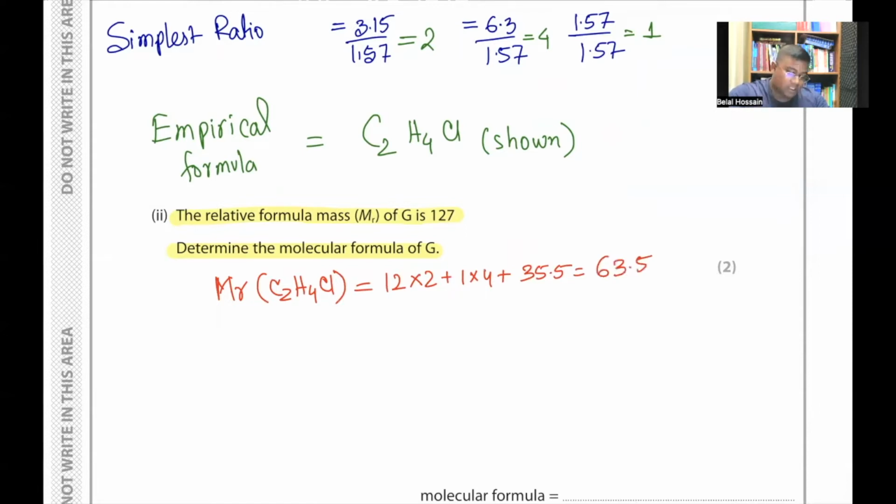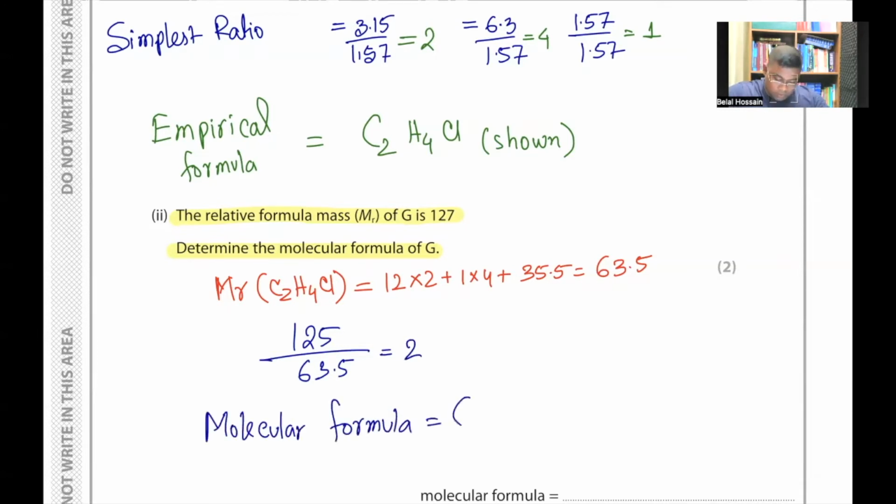Then we just do a simple straightforward division, 127 divided by 63.5. That gives us a value of 2. So for the molecular formula, we just multiply C2H4Cl by 2, and we get C4H8Cl2.